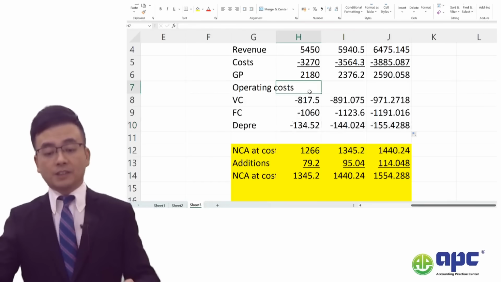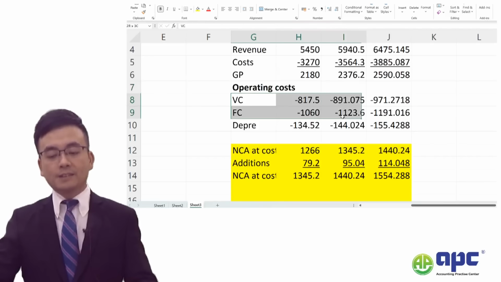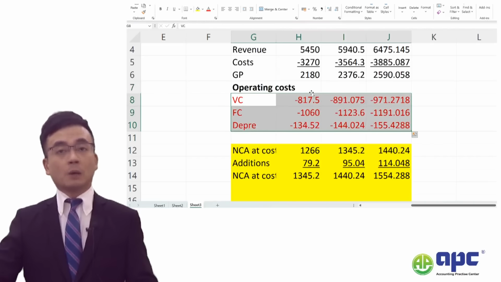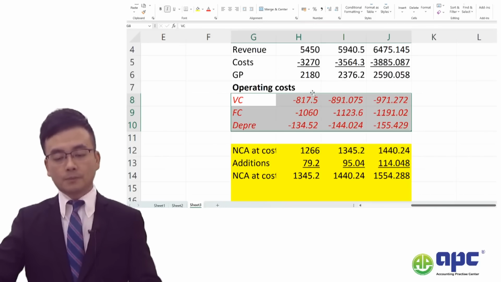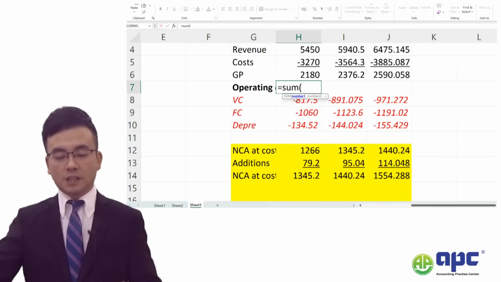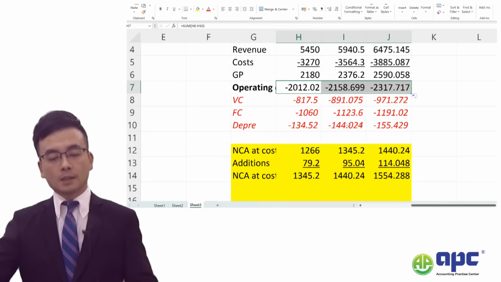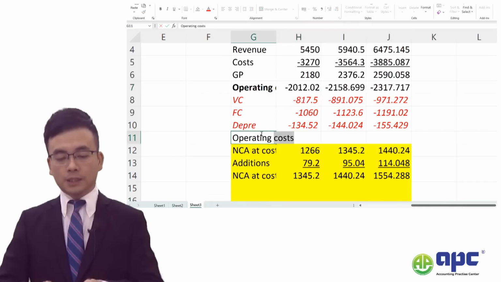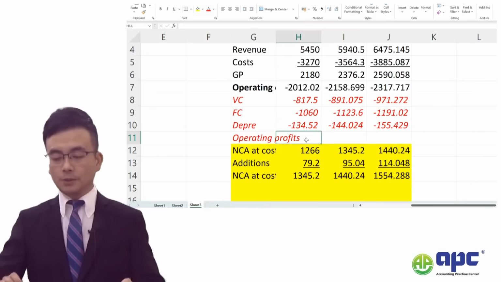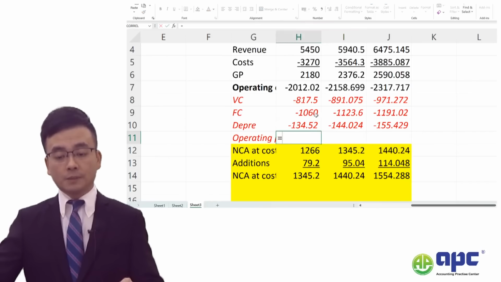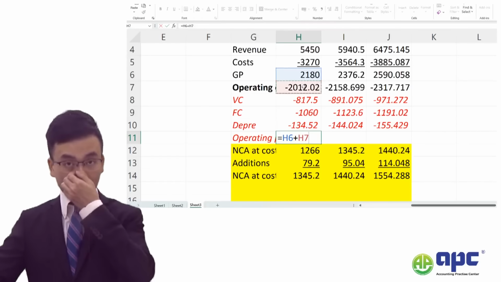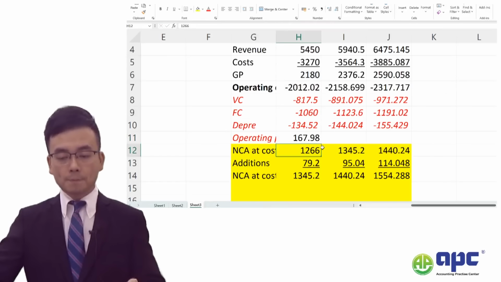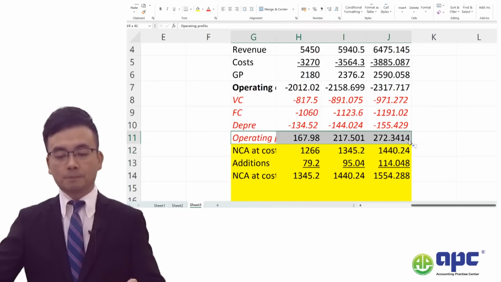Now, once we've done with the depreciation expenses, we can calculate other operating costs there. So you can say to the marker that this will just be a subtotal by using whatever colours that you want. Alternatively, make it italic, but it's entirely up to you. So you simply sum the subtotal of the operating costs there, and you click enter and drag it there. And finally, you can calculate operating profit. So all you can do is to say that, well, operating profit, we've got gross profit, and then plus the minus operating costs there, and that will give me the operating profit for each and every year.